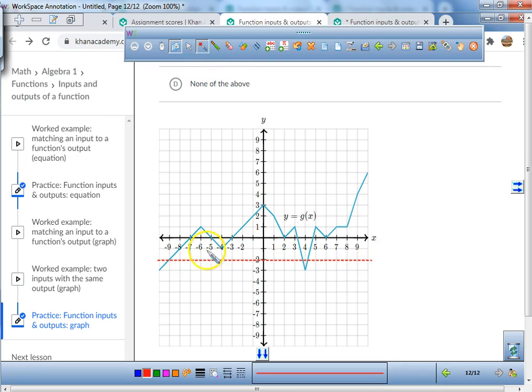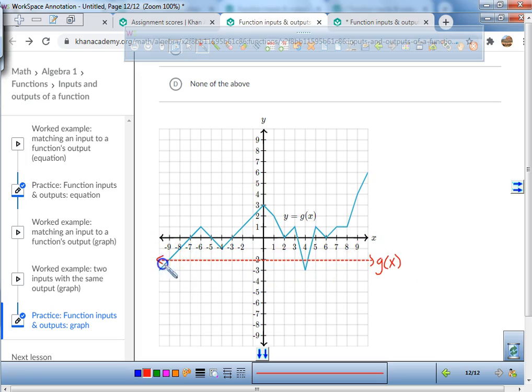Now, if I said that this line is, let's say, g of x, technically, what is the y value that it's always equal to right here that I drew? It's always equal to what number? -2. It's always equal to -2.